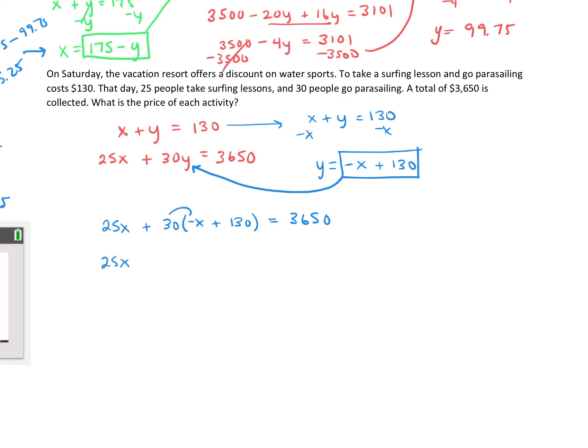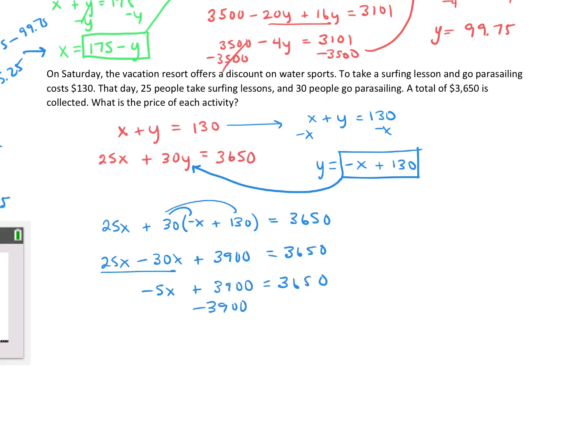We're going to distribute that 30. So 30 times a negative x is a negative 30x. 30 times a positive 130 is 3,900. Before we solve anything, let's combine our like terms. 25x minus 30x is a negative 5x, plus 3,900 equals 3,650.